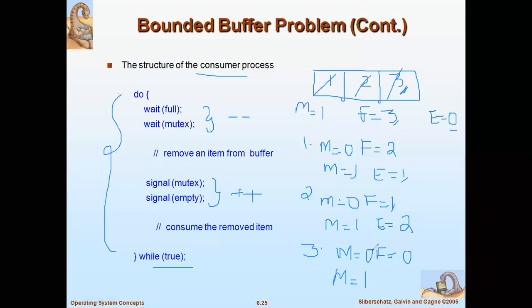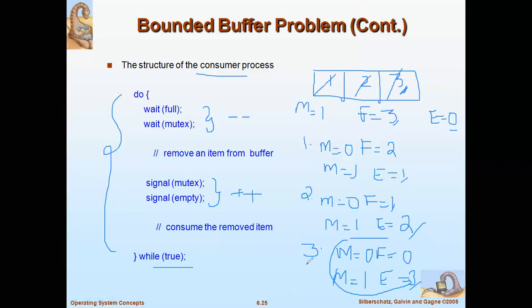And what about empty? Empty has to be incremented from 2 to 3. So you can check this configuration here also. How many empty buffers do you have now? 3 empty buffers, because all 3 are consumed, and we have 0 full buffers. None of the buffers have items, so full is 0 and empty is 3. This is how the consumer process is checked.